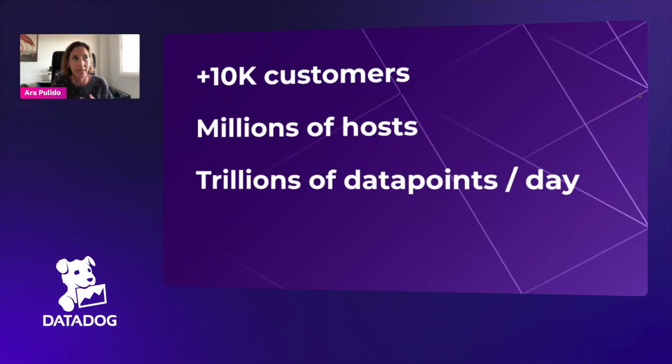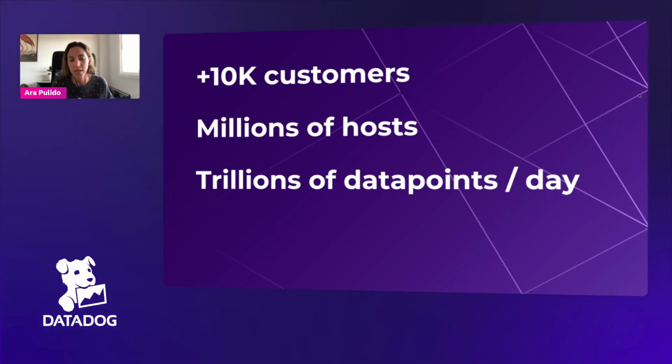We have more than 10,000 customers, and we gather those data points from millions of hosts. That translates to trillions of data points per day, and obviously that scale introduces a series of problems that we want to share during this series.